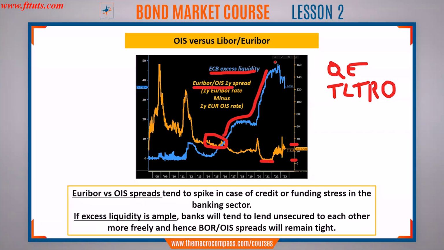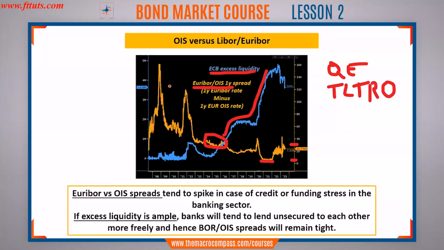A rise in excess bank reserves led to banks being more happy, more free to lend reserves to each other, and therefore the credit spread required for banks to be willing to lend to each other was lower and lower because of the excess bank reserves. The opposite tends to happen when we have situations of either tight money, tight amount of bank reserves, but most importantly, when we have credit or funding stress in the banking sector.